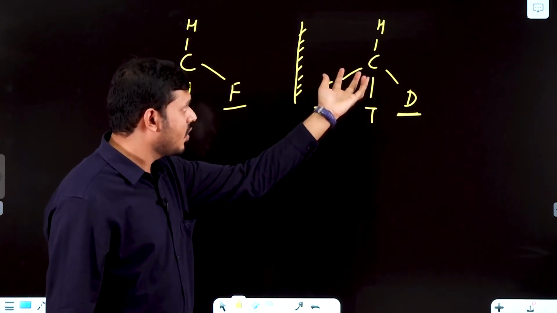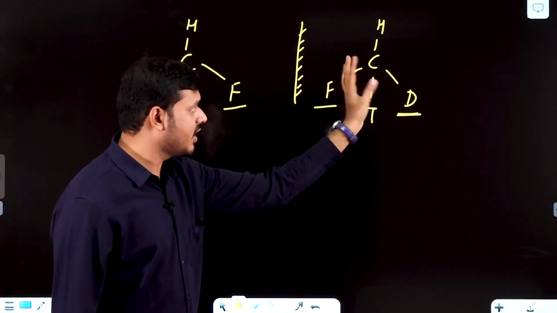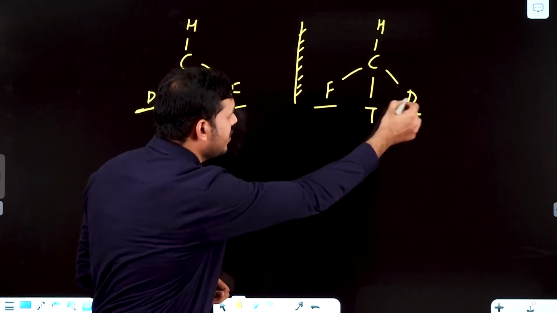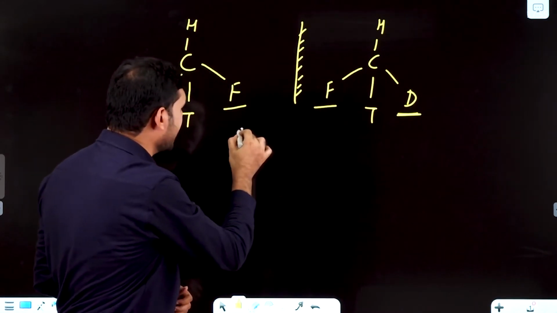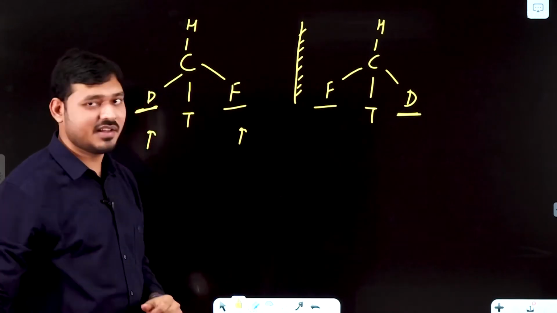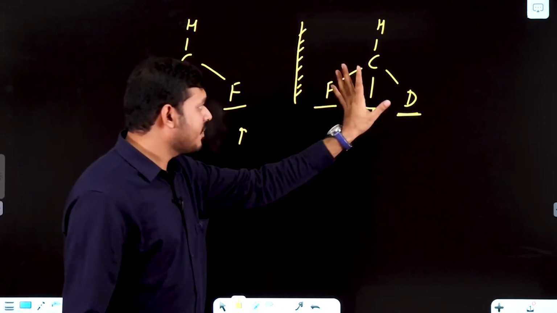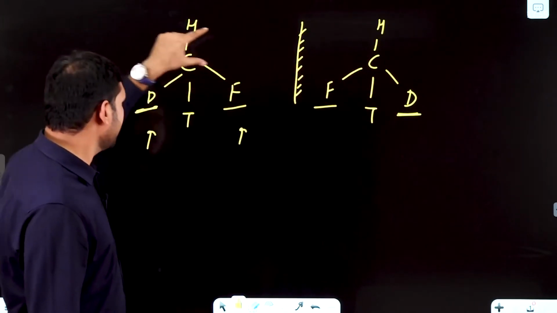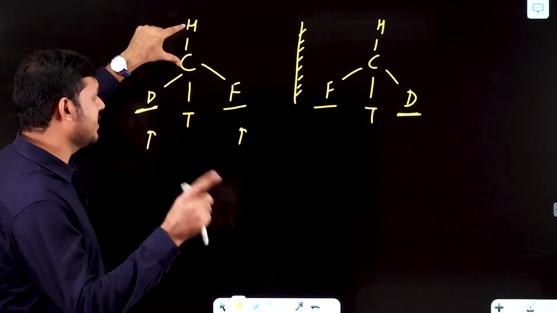If I invert totally 180 degrees, fluorine and deuterium will interchange. Obviously fluorine will come this side and deuterium this side. But again let's observe in 3 dimensions. After inverting 180 degrees, carbon and hydrogen will be at the same position, which can superpose, meaning they will coincide with each other.